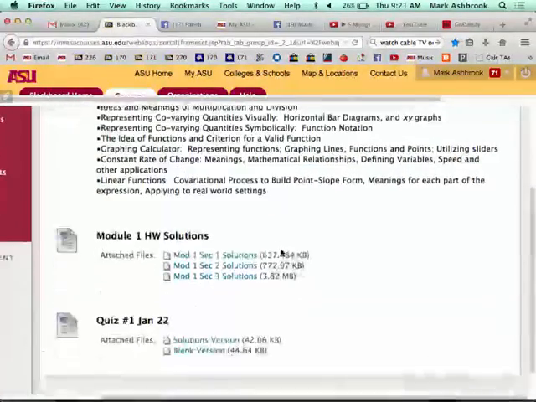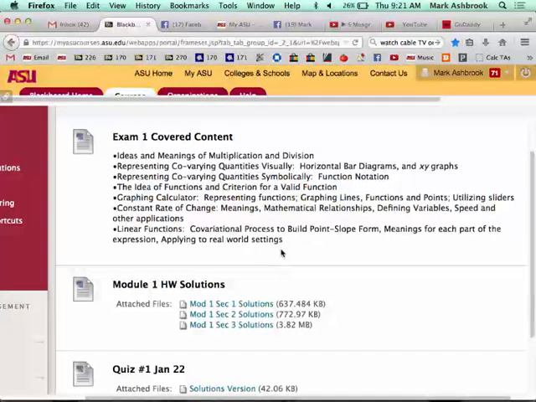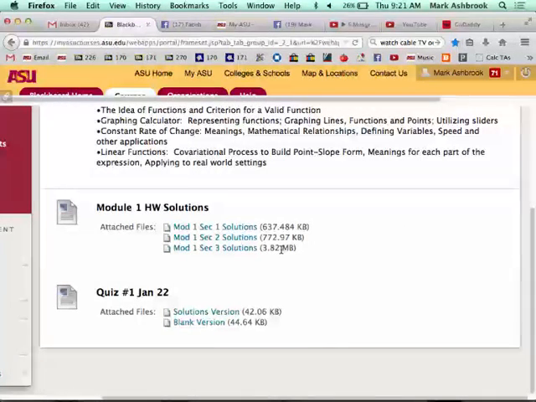So, how do you study for the test? Go through each thing, know what these bullets are talking about, and then try the problems again. Problems that you did two weeks ago, you're not going to remember. Try them again, and then use the solutions as a reference. Don't start your studying by looking at the solutions.